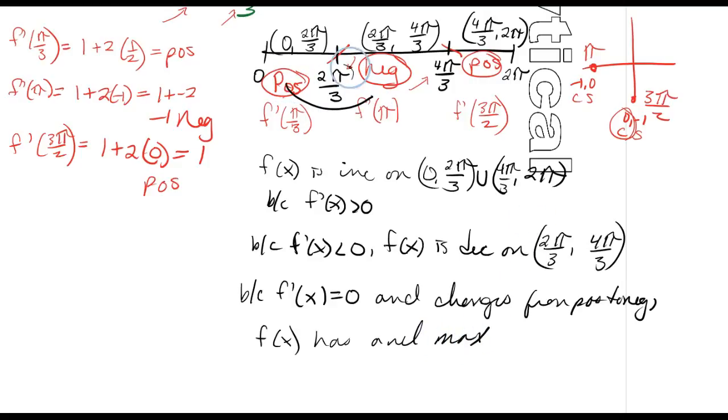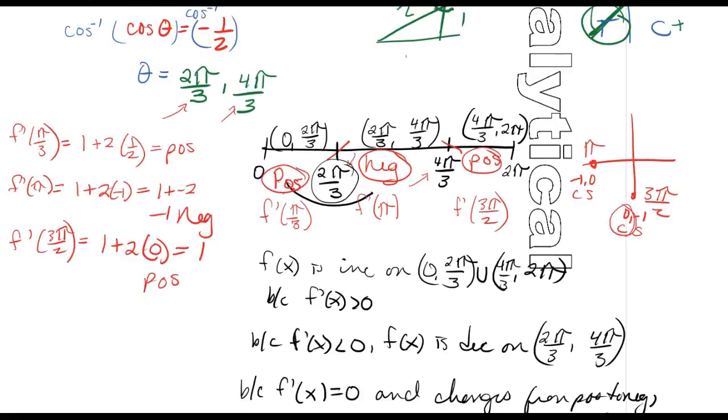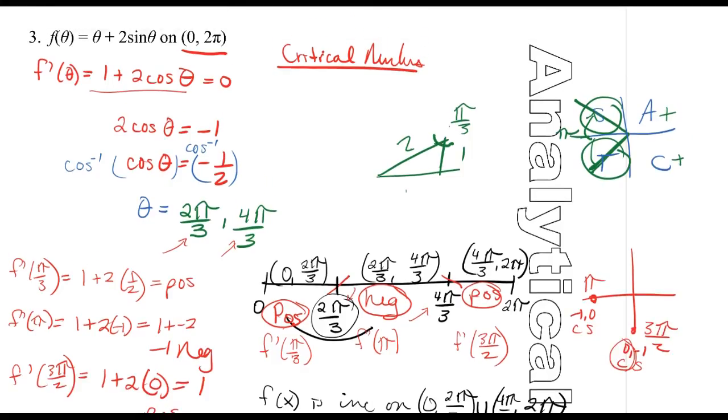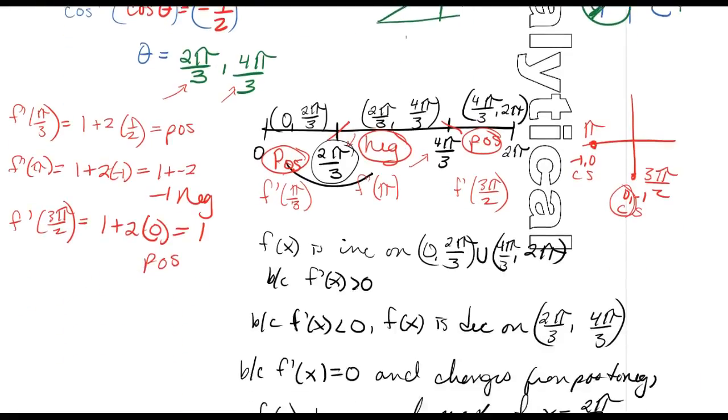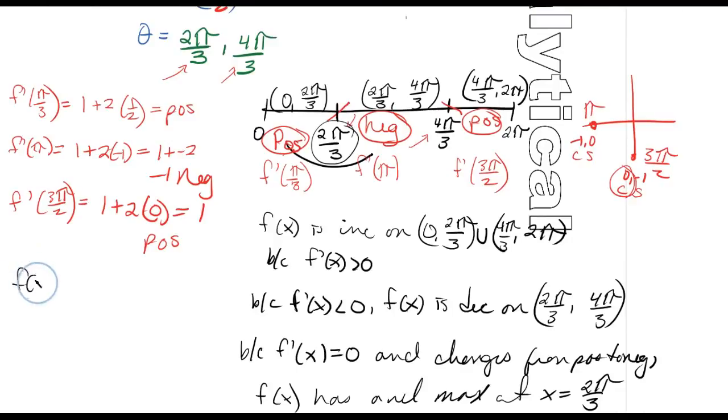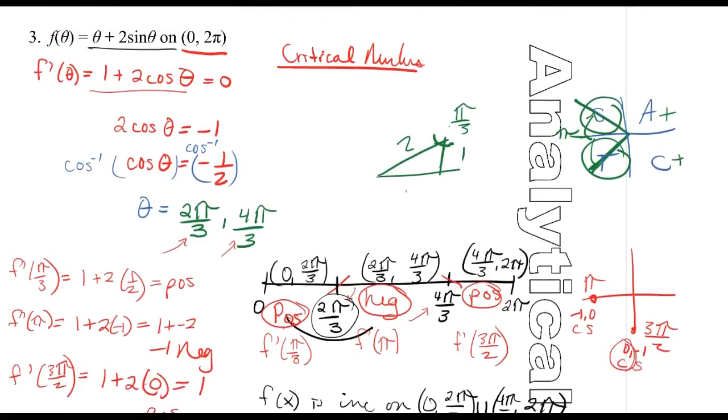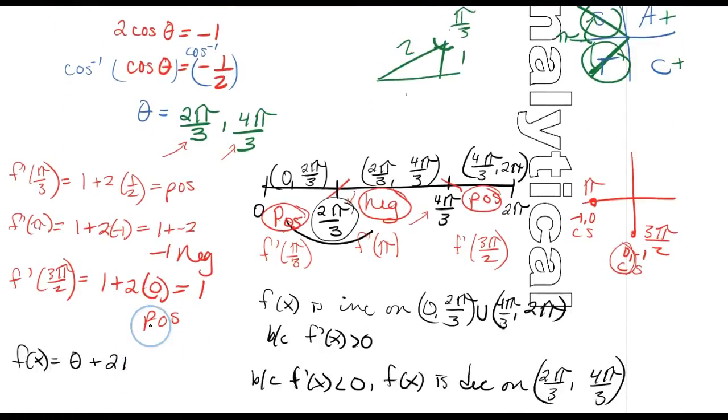Positive to negative happens across 2 pi over 3. x equals 2 pi over 3. Now we need to find the coordinates, which means the y value also. My original function was f of x equals theta plus 2 cosine theta.